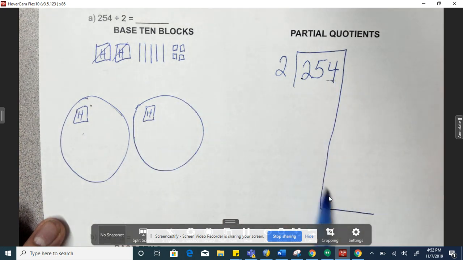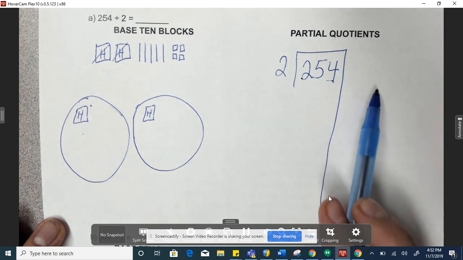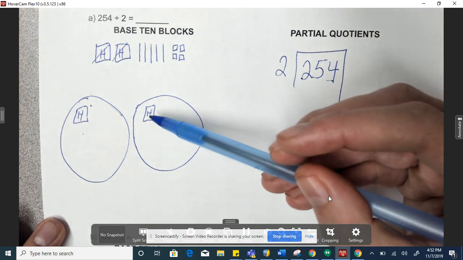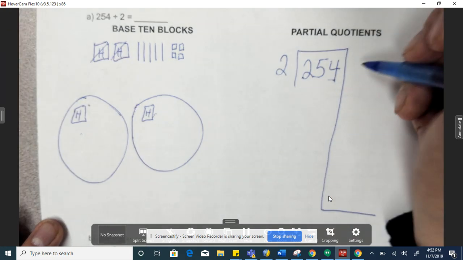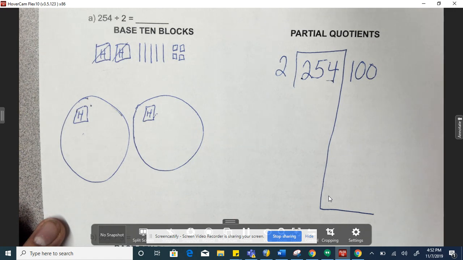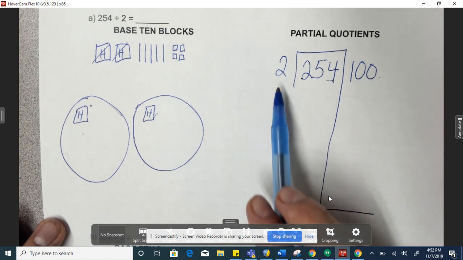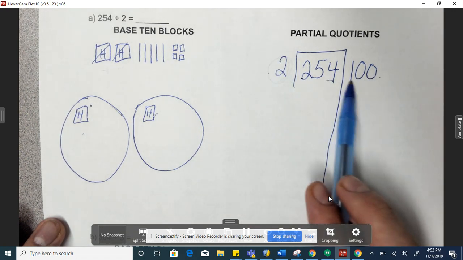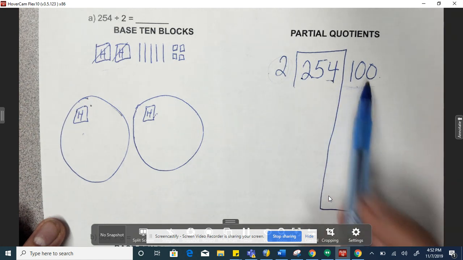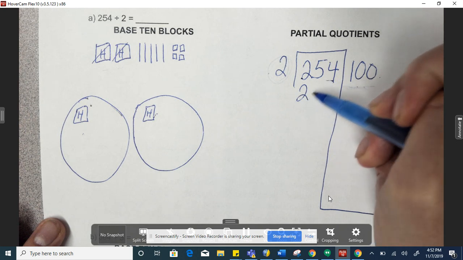The numbers we put over here represent how many we have in each group. So we already said we have 100 cubes in each group. So I'm going to put 100 off to the side here. 2 groups times 100 worms, in our case, 100 worms in each group, equals 200 worms.